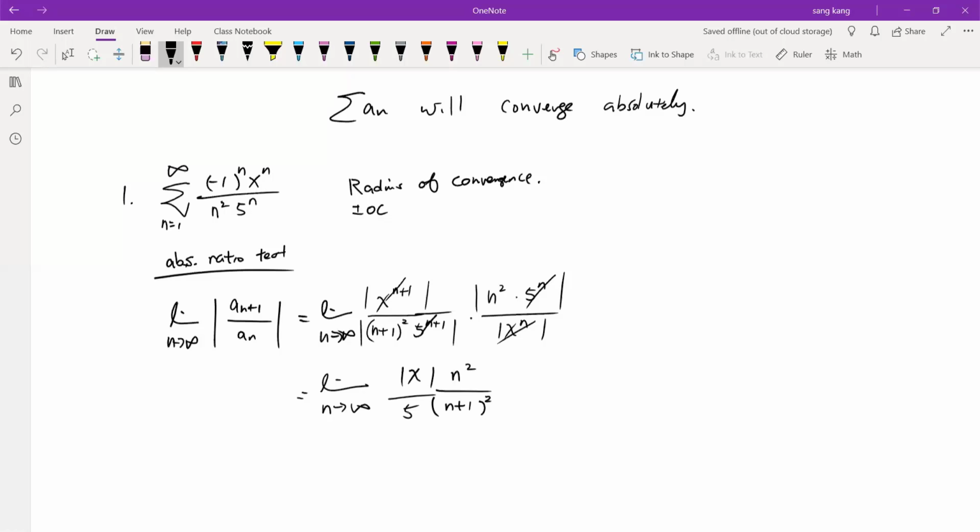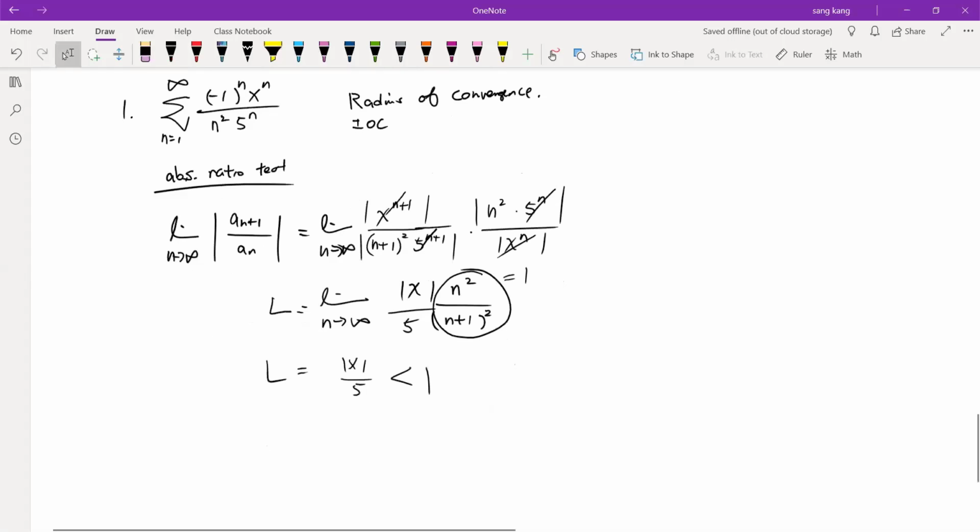If I take the limit of this, the highest power in the numerator is n squared and the highest power in the denominator is n squared, so that goes to 1. I'm just left with the absolute value of x over 5. This is our limit for the ratio test, and it has to be less than 1.